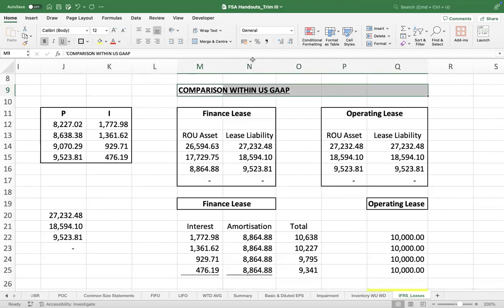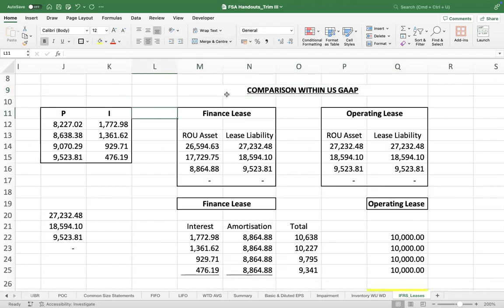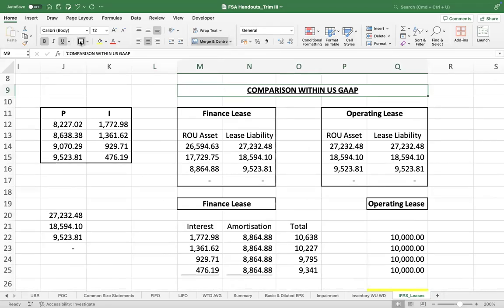Okay. So now what were the learning lessons from this? If we were to summarize some of the learning lessons, in IFRS, for both ROU and lease liability, there is the same treatment for operating lease and finance lease. For US GAAP, the finance lease treatment will be similar to that of IFRS, but the operating lease will be different.